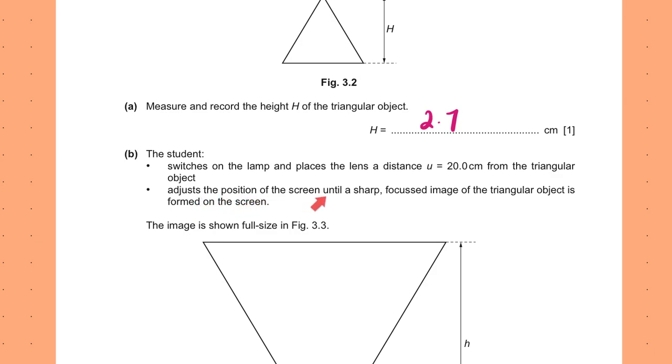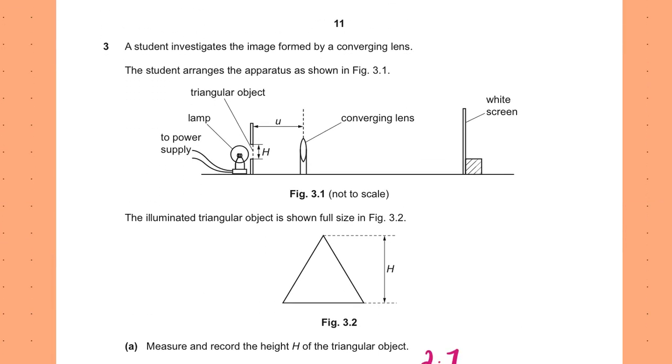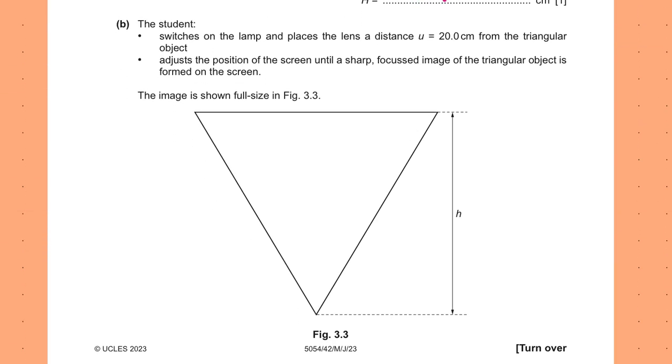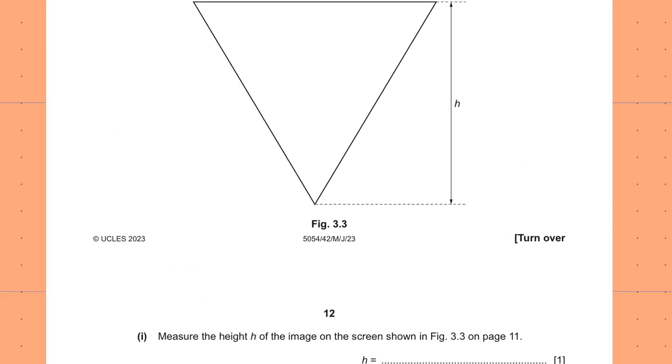Adjust the position of the screen until a sharp focused image of the triangular object is formed on the screen. So this here is the triangular object. The image is shown full size here. Measure the height h of the image. So the height h turns out to be 7.8 centimeters.